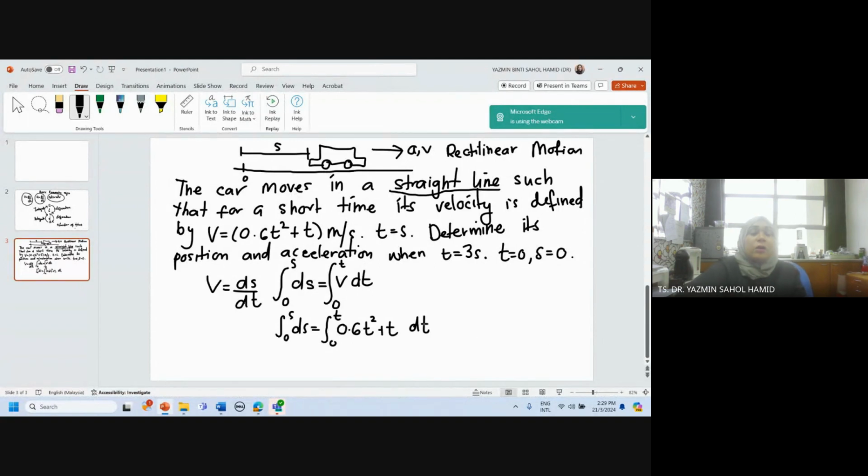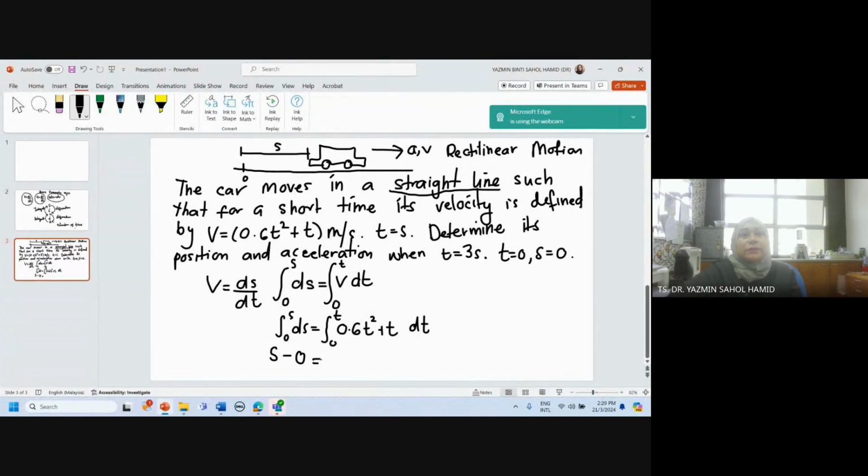If you integrate ds, of course you will get s minus 0. And if you integrate 0.6 t squared, what would you get? Can you please integrate for me?